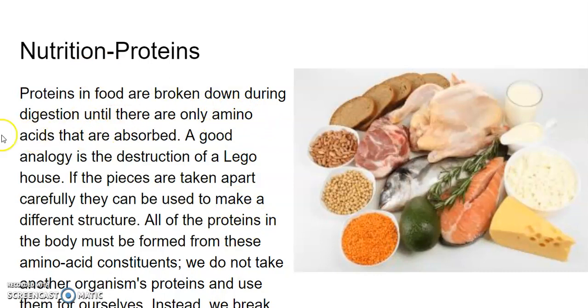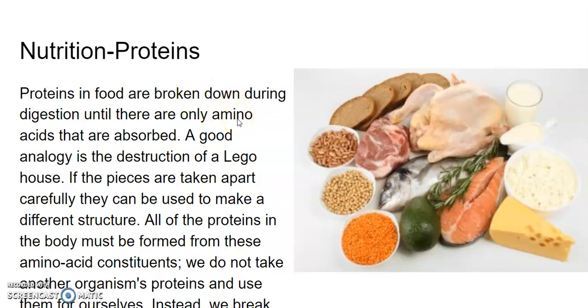Proteins are broken down during digestion. We only need the amino acids. We cannot use animal proteins ourselves. Instead, we break down those proteins into their base amino acids, and then we absorb those amino acids and construct them into what we need. A good example would be if somebody built a Lego house and you said, I can't use that Lego house.